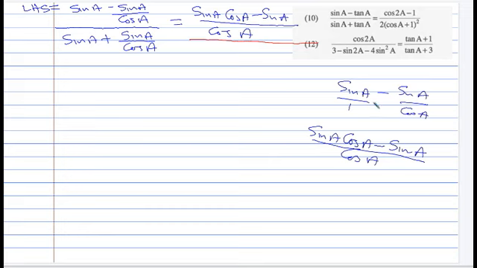Now I'm using the red color there to make sure we see the difference between the numerator and the denominator. My denominator is exactly the same as the numerator. The difference is the signs. So this is also going to be sin A cos A plus sin A all over cos A, since the denominator has a plus.